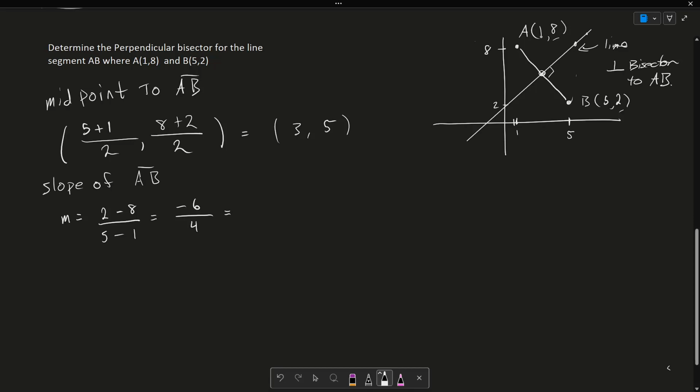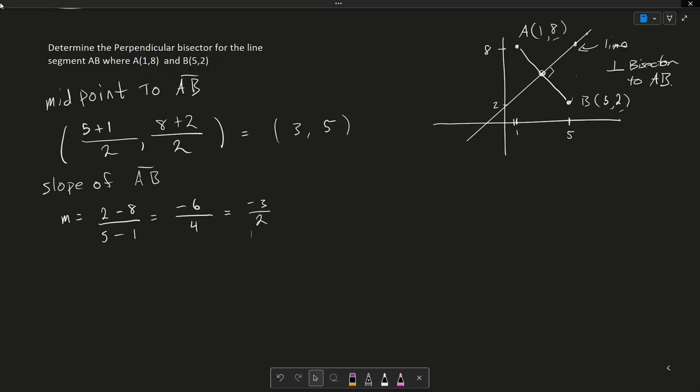So I'm looking at negative 3 halves. And this slope of the AB segment is negative 3 halves.